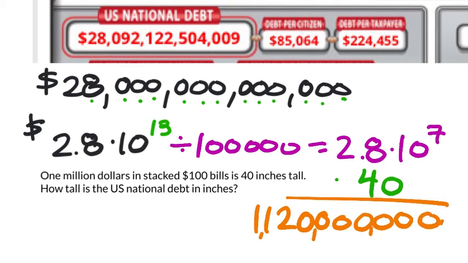And this would now be in inches. What is that? 1,120,000,000 inches? That's pretty good. Well, that's the height of the U.S. national debt in inches. Let me change this into scientific notation, though. 1.12 times 10 to the power of 9 in inches.